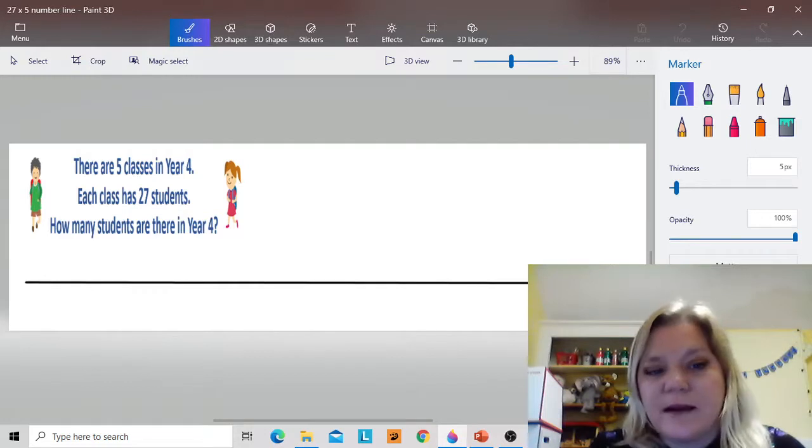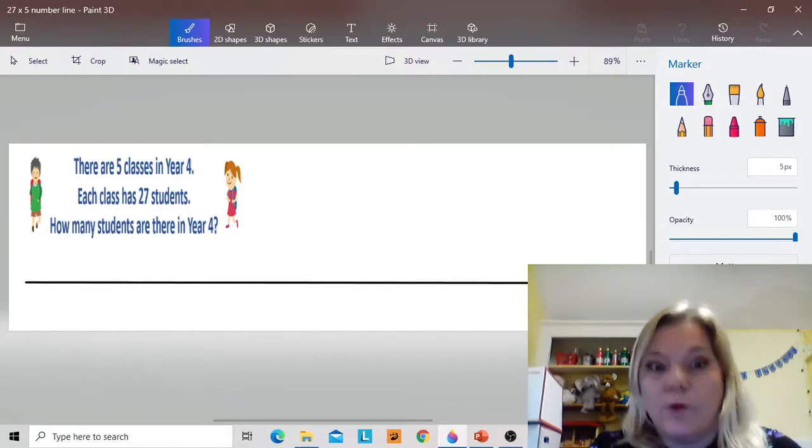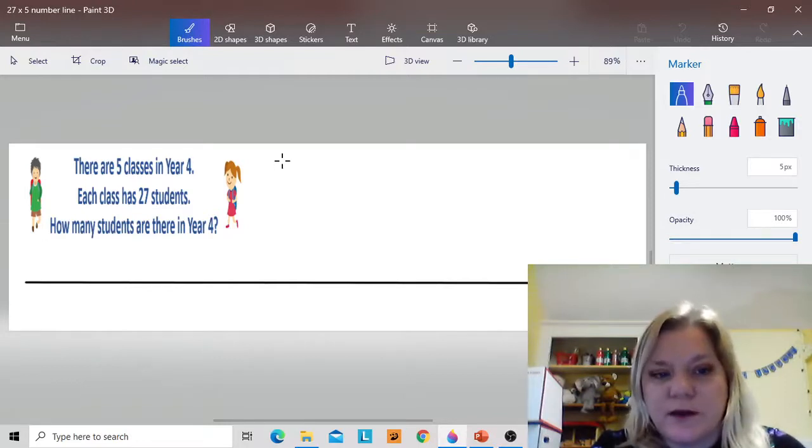There's 5 classes in year 4. Each class has 27 students. So what we're looking for is how many students there are in year 4 altogether. So we need to know what maths we're trying to do. So the multiplication question we're trying to work out is 27 times by 5.